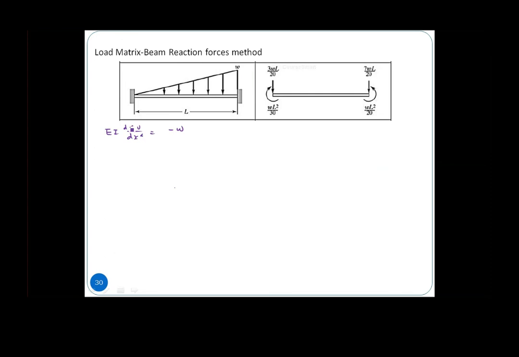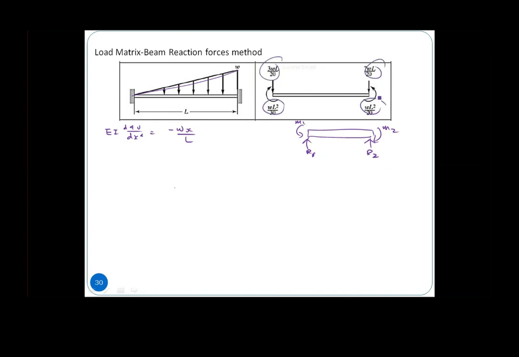Just now negative W for a distributed load, but in this case it's Wx over L. It is triangular increasing, so it's negative Wx over L. Then probably we can also put in something similar like this, R1, R2, then we have M1, M2. So this is the reactions.